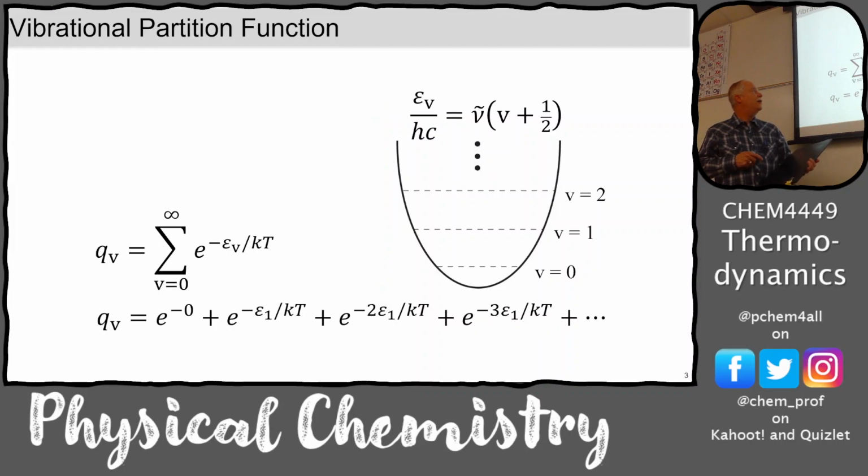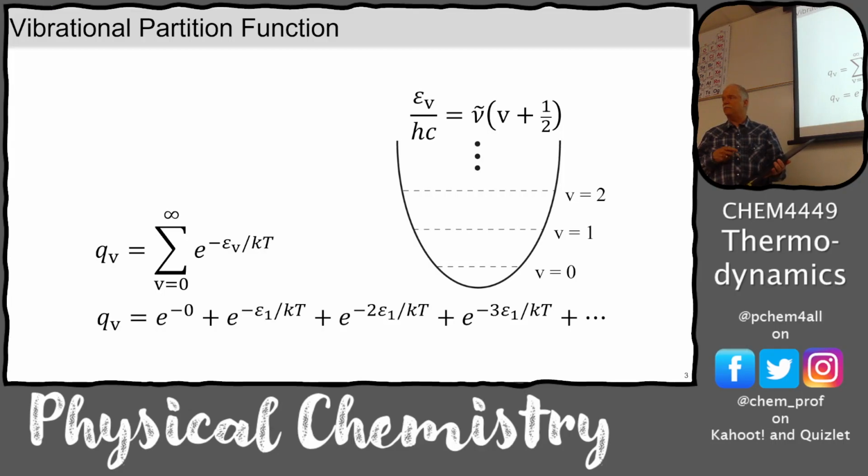Okay, so that partition function is the sum of all of the Boltzmann factors. The degeneracy for all of these states is 1, and so that g of v is 1, so it's essentially not in the calculation. If we set 0 here at v equals 0, then the first term is e to the minus 0, and the v equals 1 state is here, E1, and then the second one is E2, but that is twice the energy of the first vibrational state.